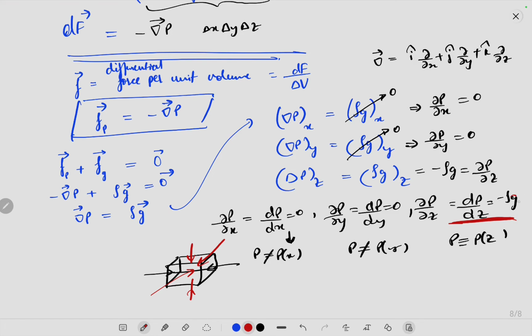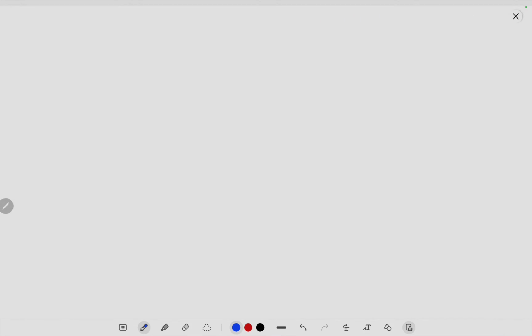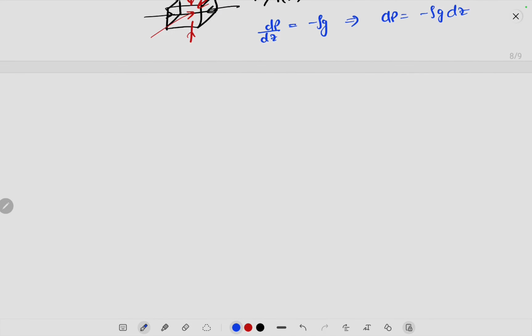So let's try to simplify this expression. This equation will now be written as dp by dz equal to minus rho g. This implies dp is equal to minus rho g dz. So let's again just write it, dp is equal to minus rho g dz.